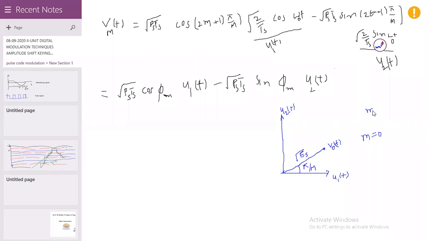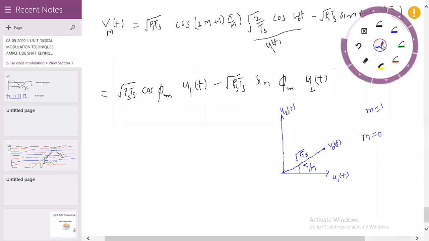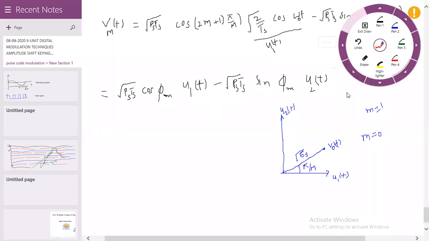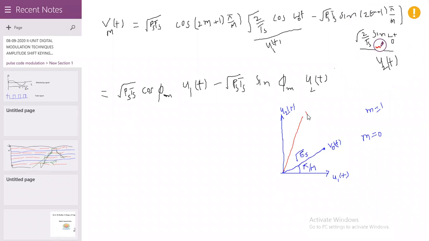For m is equal to 1, the resultant of this one is equal to the resultant. Again, I will take another color here so that we understand this one. This is V1 of t, m is equal to 1, V1 of t. The angle of this one is 3 pi by m.